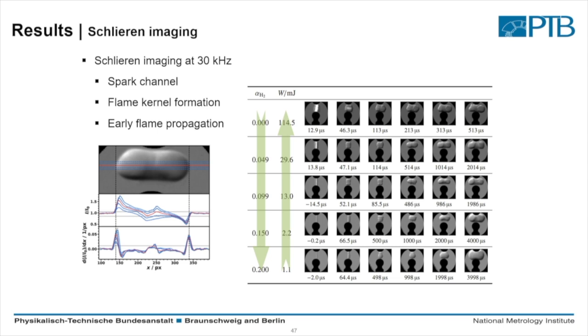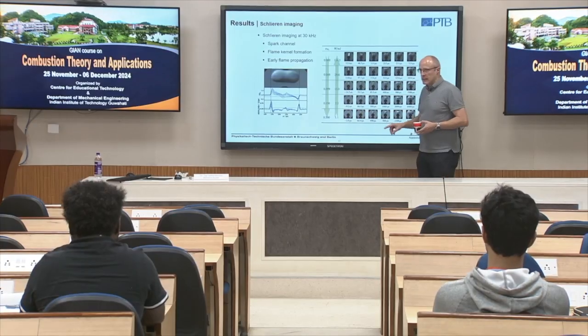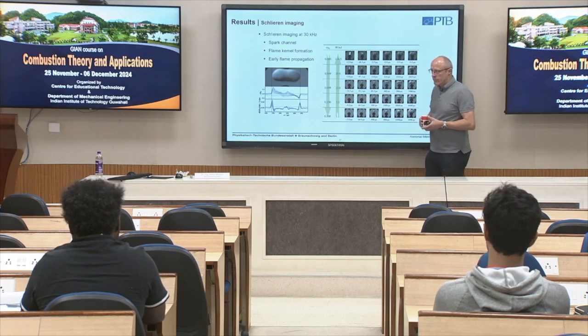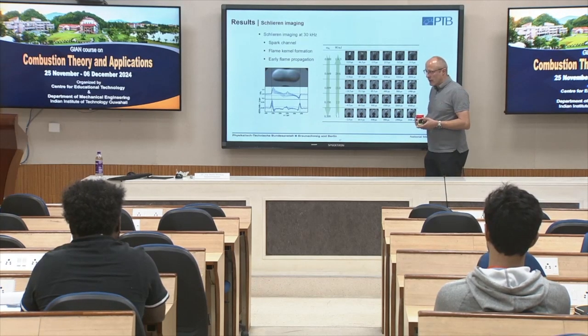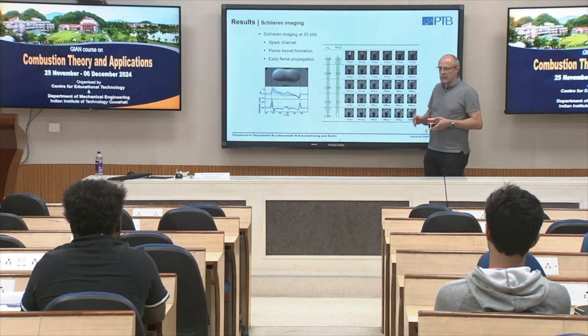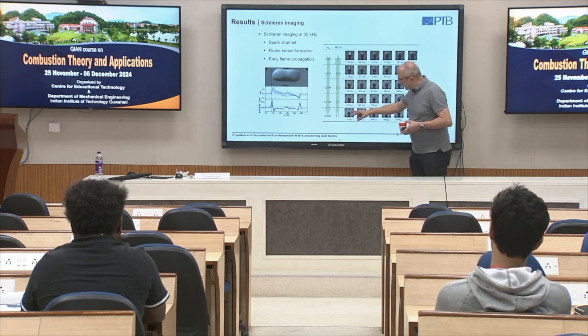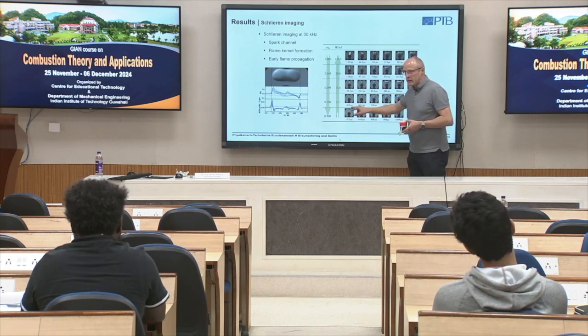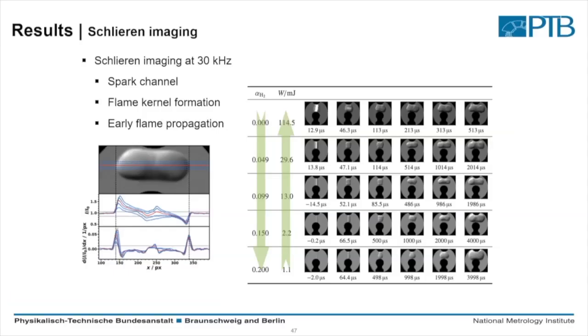So this is 2 microseconds. We collect here the gate time is 33 microseconds for one image. So in this 33 microseconds, we see this spark here, or this hot region then.